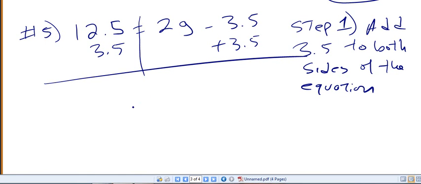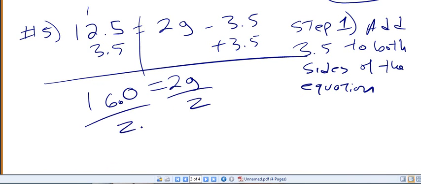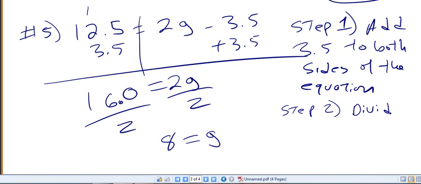So we're left with 2g, that's equal to 16, right? Divide both sides by 2, and we get 8 is equal to g. So our step 2, we divided both sides by 2.